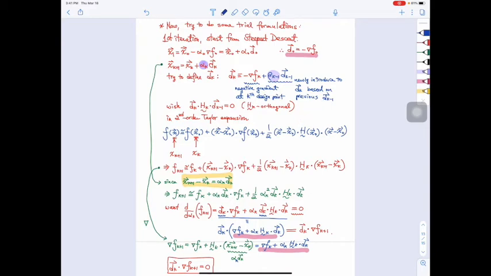Whenever you don't have a trick, usually second order Taylor expansion is the trick. So we begin with second order Taylor expansion. We apply this equation to the second order derivative. We try to do the first order derivative with respect to alpha. We also did the gradient, so basically the first order derivative with respect to x.